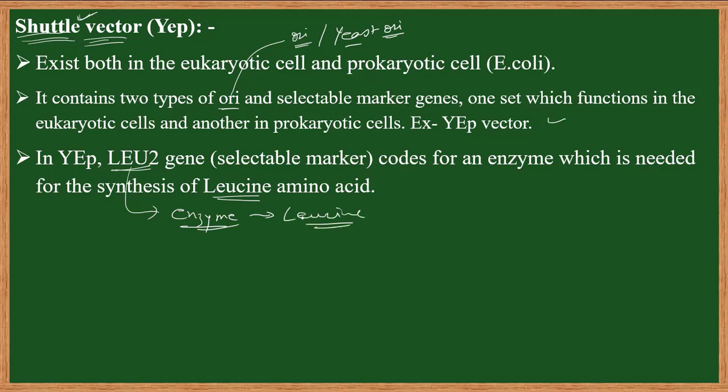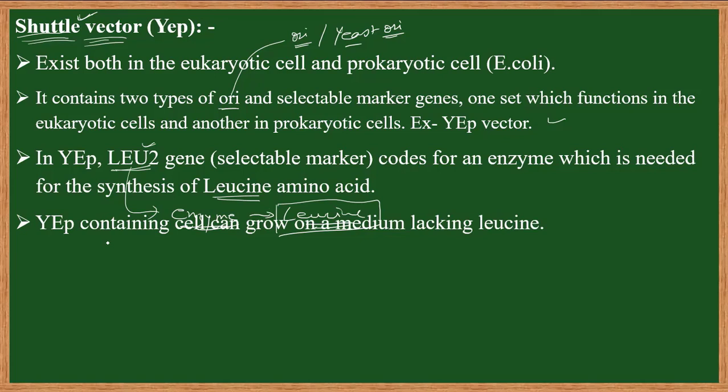If the medium has a deficiency of leucine, and this type of selectable marker is present, then these cells will grow. Here it is written that a YEp containing cell can grow on a medium lacking leucine, because this one has the LEU2 gene and this gene can form leucine. So there is no need of leucine from an external source, from the medium.